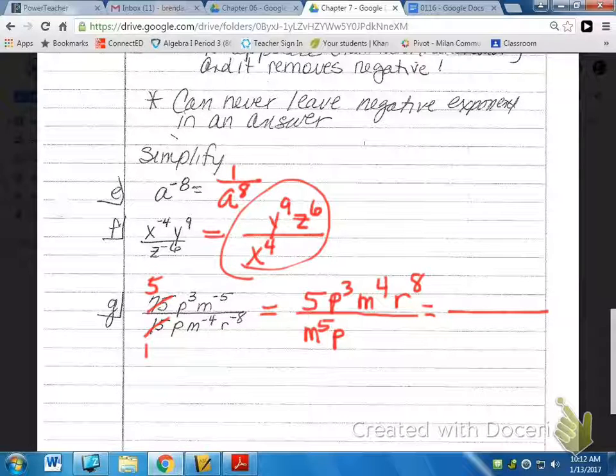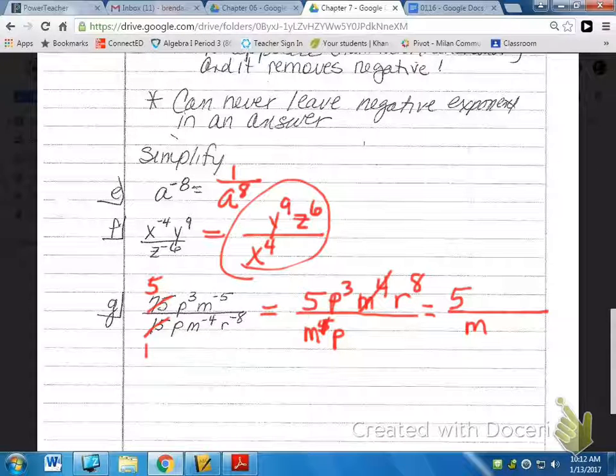So I'm going to take my 5. Now, let's try to do alphabetical order and see if we can do our answer all at the end. So alphabetically, our m's would come next. I've got 4 m's on top and 5 on the bottom. What's going to be left and where? There's going to be 1 m left on the bottom because you take all 4 of those away, and that makes the 5 become a 1.